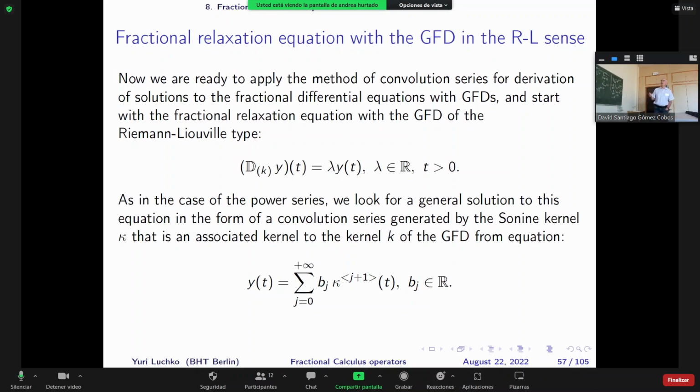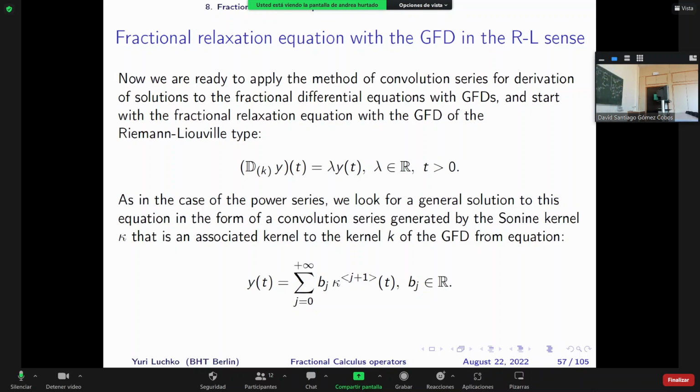And if we suppose that the solution can be represented in the form of this convolution series, and in the case we are looking for solutions in the space C minus 1, then of course it's a reasonable hypothesis that this representation is valid, because we showed that any function from C minus 1 can be represented in this form.